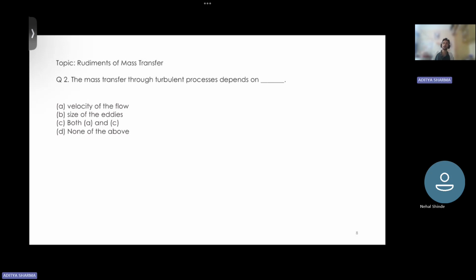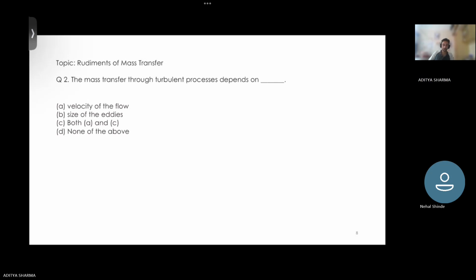One way is that there is a difference in the concentrations of the two or more elements that are diffusing with each other. But then there is another method, that is by means of turbulence. By means of turbulence, also the mass transfer takes place.